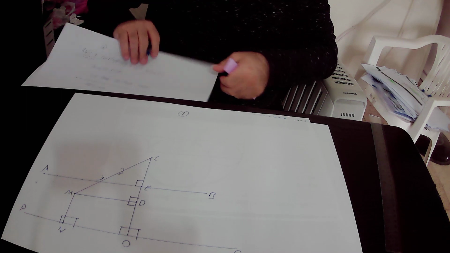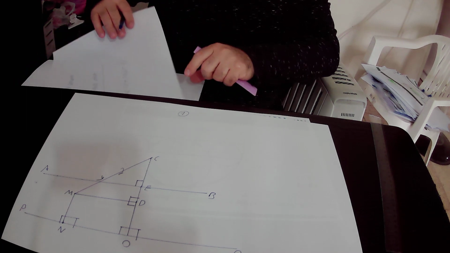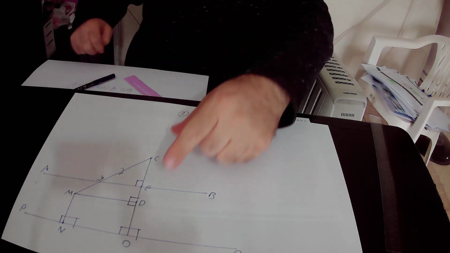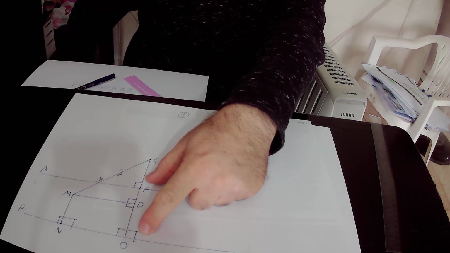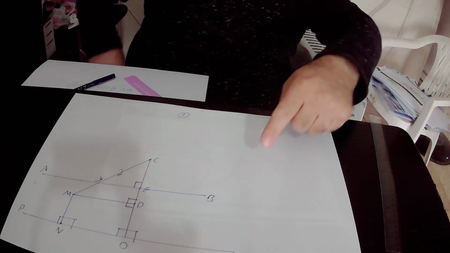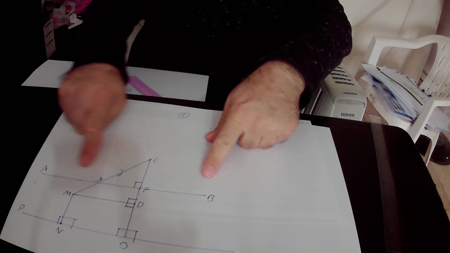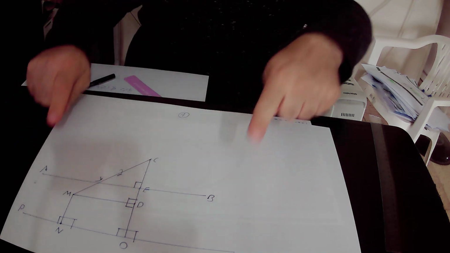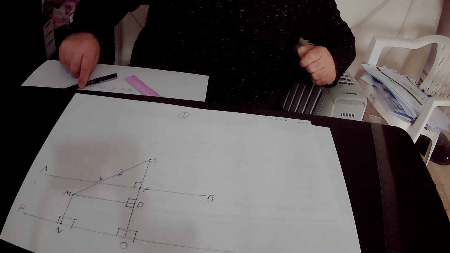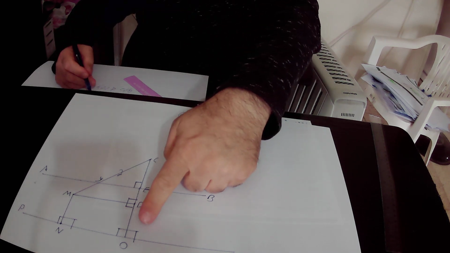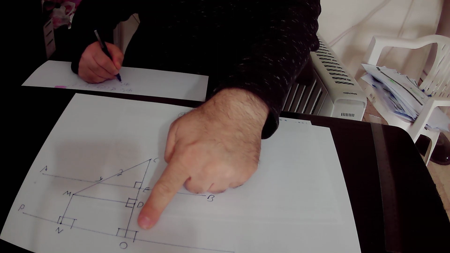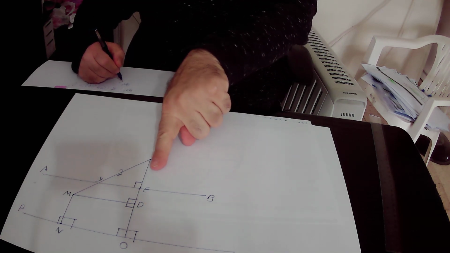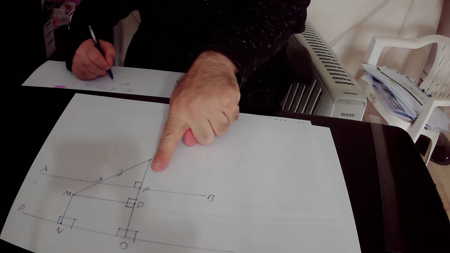Likewise, those two angles are corresponding angles, and they are located between the parallel lines AB and PQ, therefore they are equal to each other. So this angle is a right angle, it equals 90 degrees, and it equals this angle that is actually angle CEB.